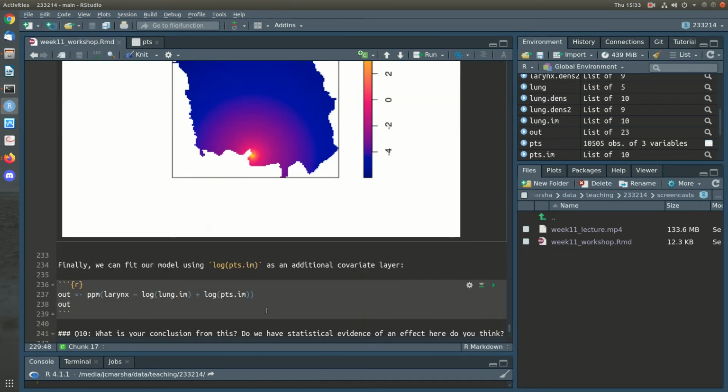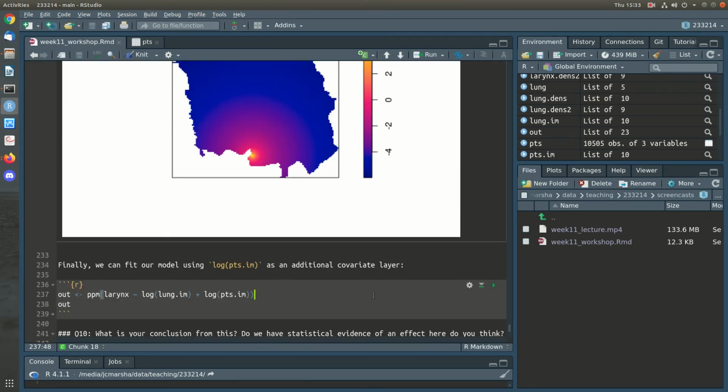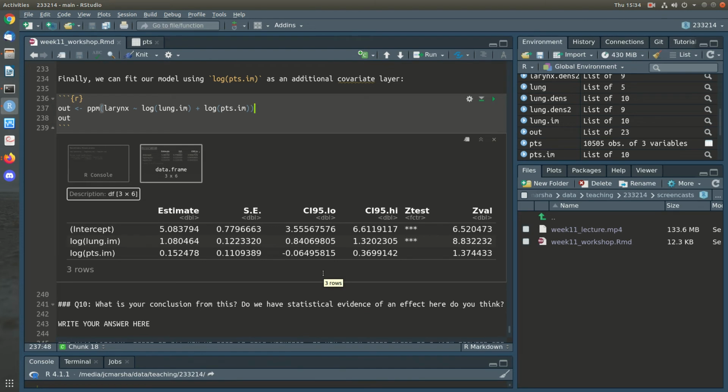Now we can use that surface as another covariate in our predictor for larynx cancer. And what do we see? Well, we see that the distribution of lung cancer is still important, so that's essentially a proxy for where people are.